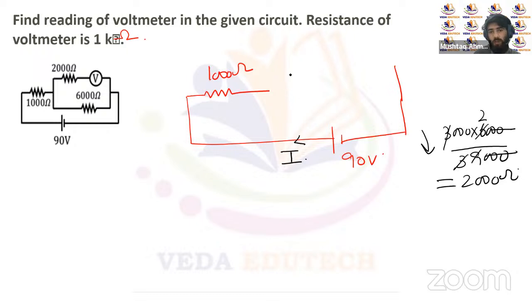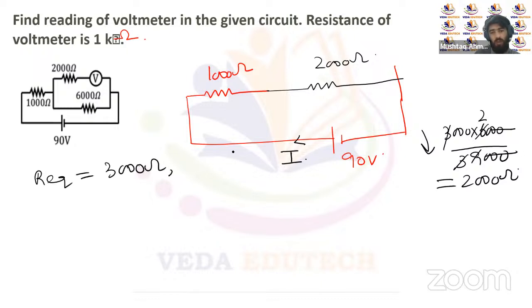We can replace it by 2000 ohm here. So the final equivalent resistance for this circuit will be 3000 ohms.